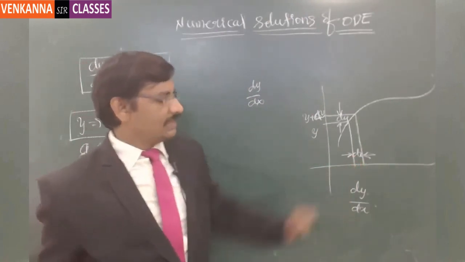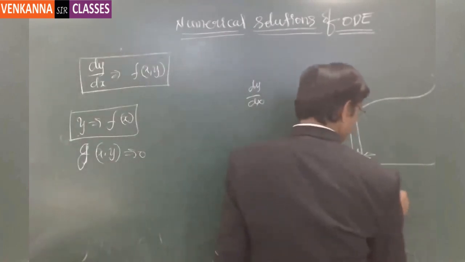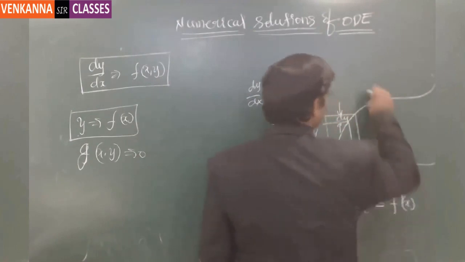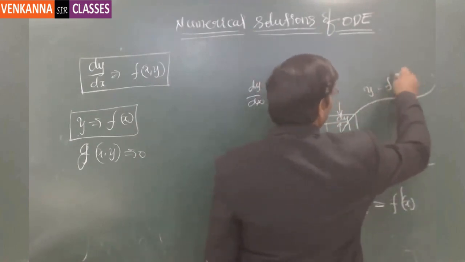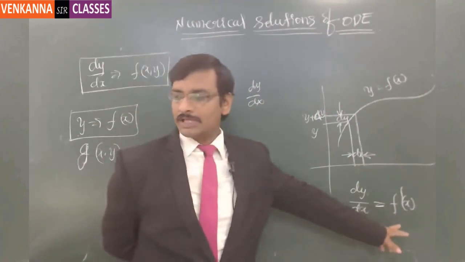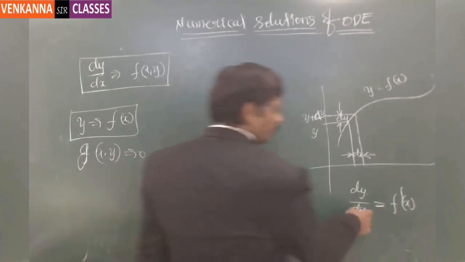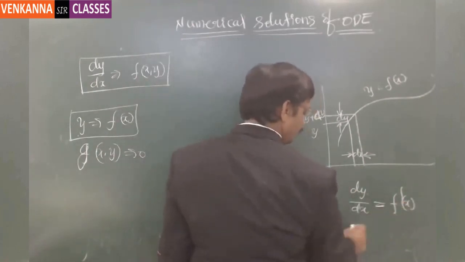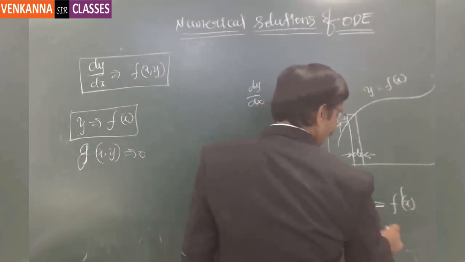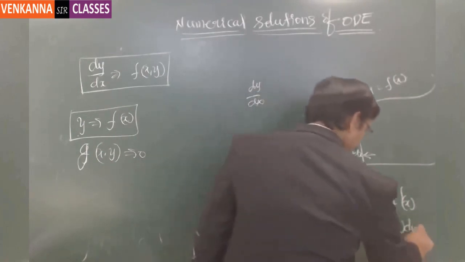So dy by dx is the ratio we found in terms of the function as f dash of x, where y is equal to f of x as a function. So you are expressing this f dash of x value as dy by dx. Now if you put this value here, dy can be approximated as f dash of x into dx.